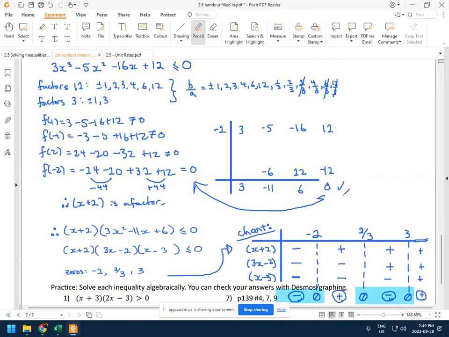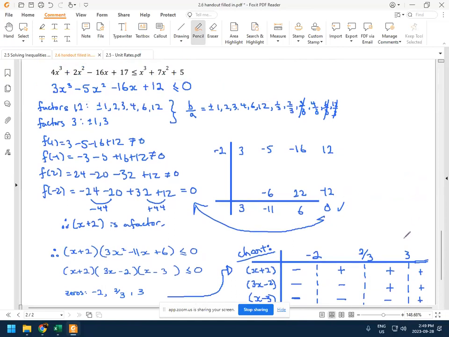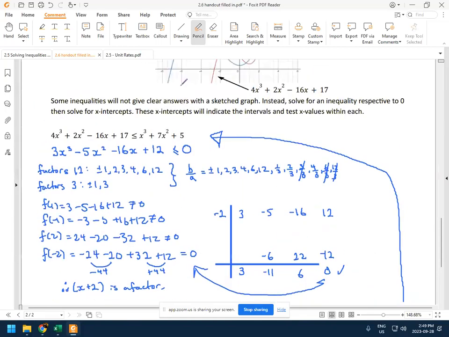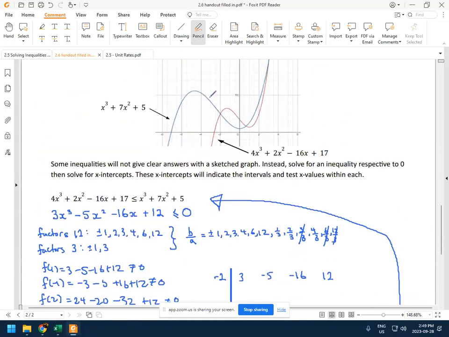It also means that the left side function is underneath the right side function in those domains. Going back to the picture, I think you can see it. That is negative 2 all the way to negative infinity. All of this red line, at least on my screen, the red line is underneath.